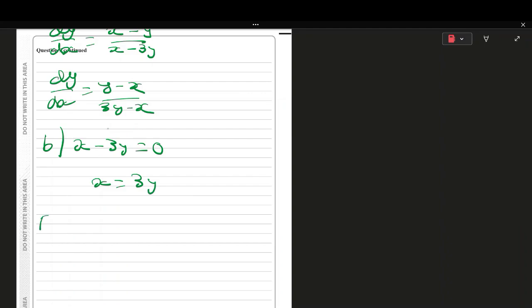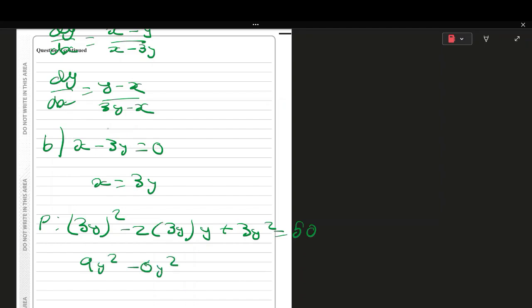Then, for the stationary point, put 3y into the original equation. So we have 3y all squared minus 2 times 3y times y plus 3y squared is equal to 50. So this comes out to 9y squared minus 6y squared plus 3y squared is equal to 50.